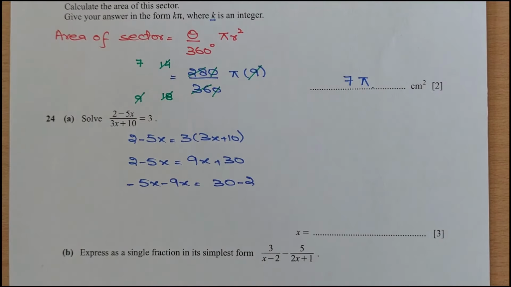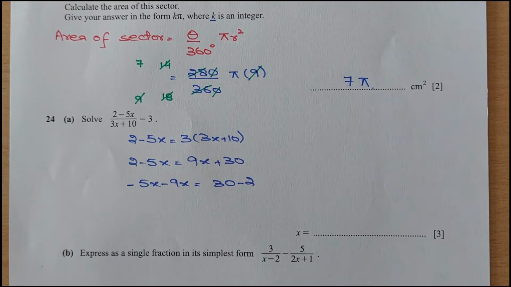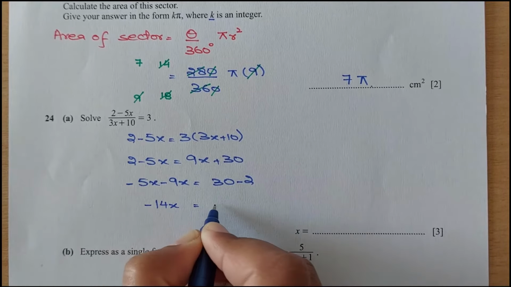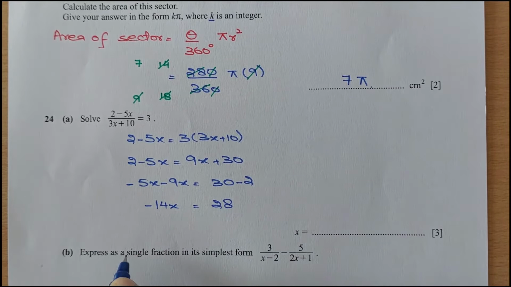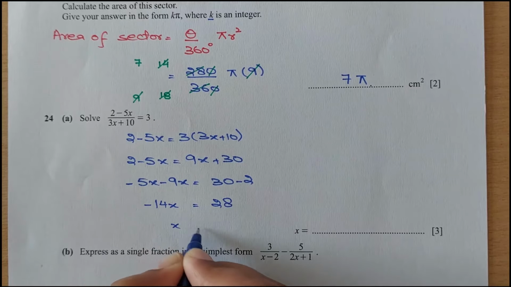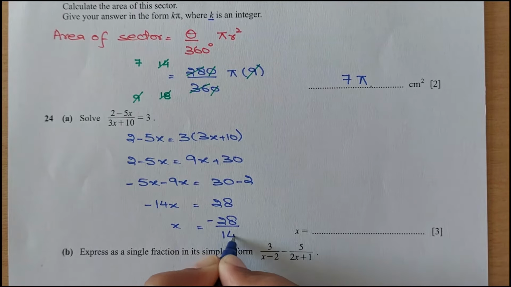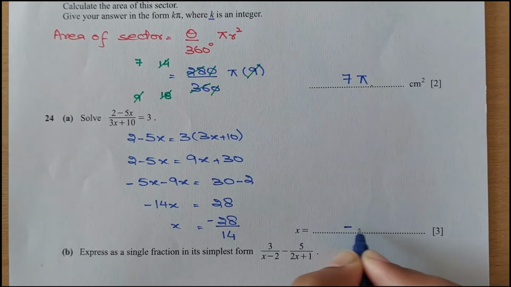So that is negative 14x, and that is equal to 28. Yeah, so x is equal to 28 over 14, and 14 times 2 is 28, so x is minus 2.